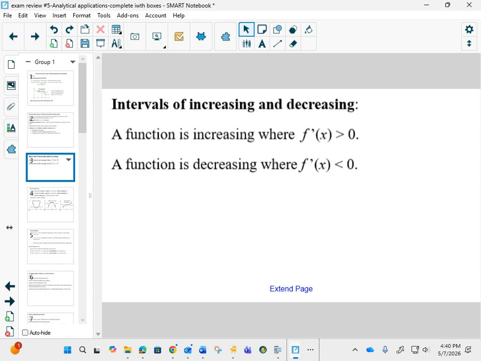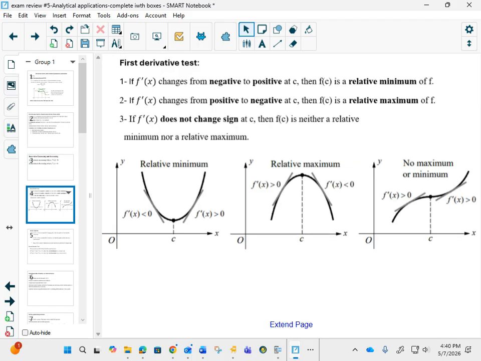If our derivative is positive, our original function is increasing. If the derivative is negative, your original function is decreasing. First derivative test, I'm going to add to this here. We're starting off with the idea that f prime of c is equal to 0.